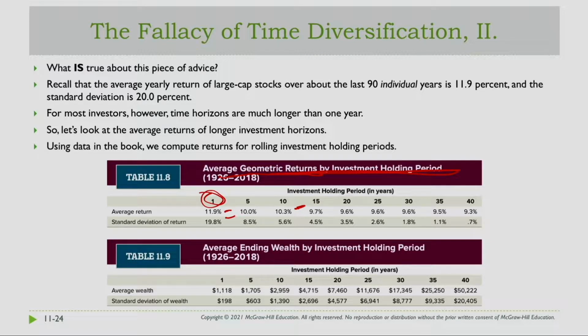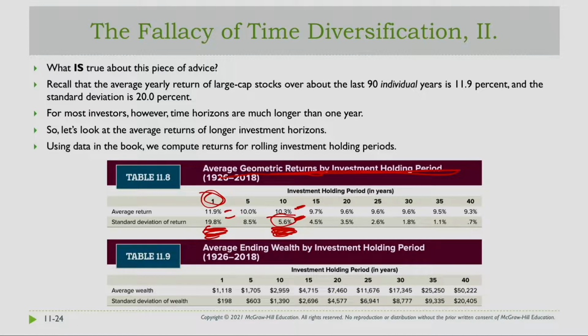But look at what happens to this standard deviation of returns here. Boy, it's a pretty healthy drop from nearly 20% down to 5.5%. Yeah, we lost 3/4 of the risk in the returns by having holding periods that are 10 times longer.